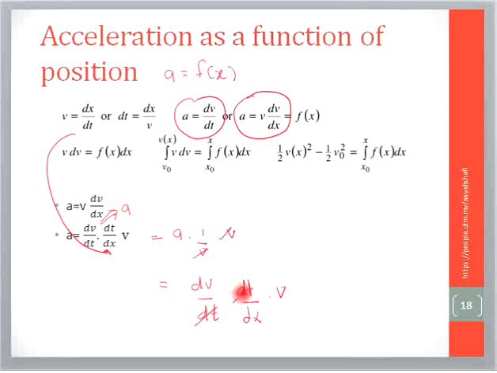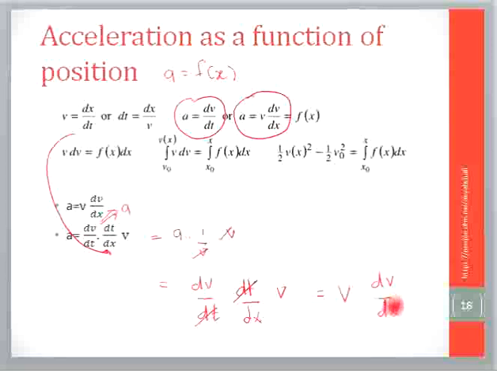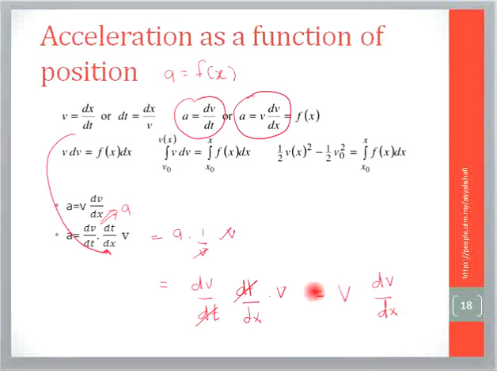So you cancel the dt, so you will get v dv/dx like this. Okay, so this is the equation. So this is a equal v dv/dx.